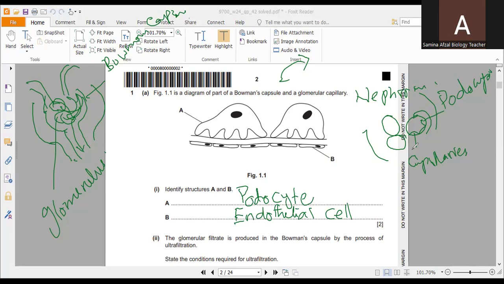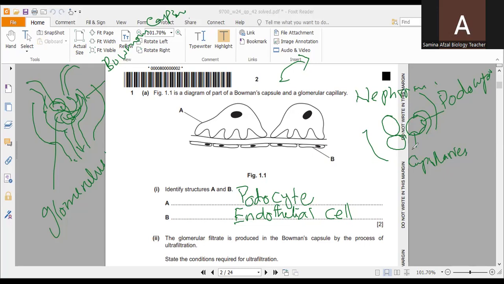This podocyte is also known as visceral epithelial cell, located in the glomeruli of the kidney nephrons, and they make the lining of the outer surface of the glomerular capillary. With the help of their shape, we can easily assess that these are podocytes.